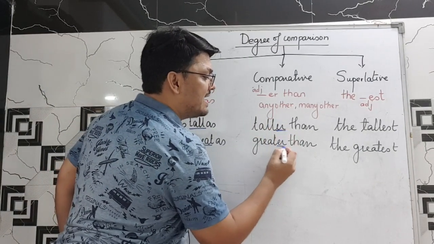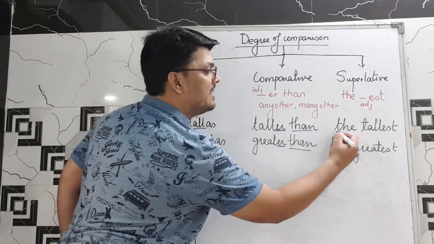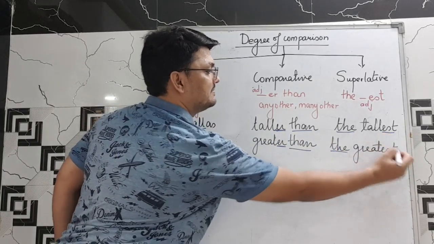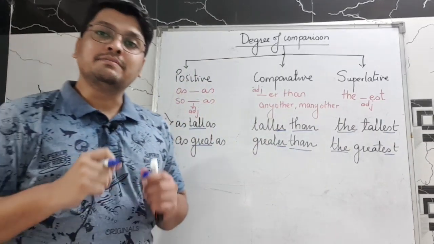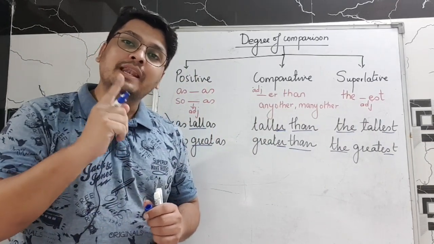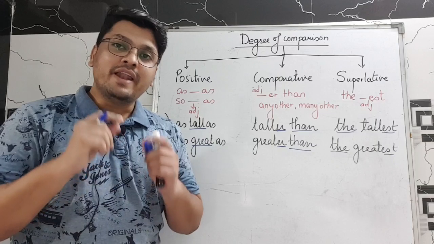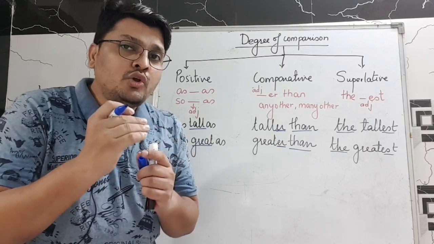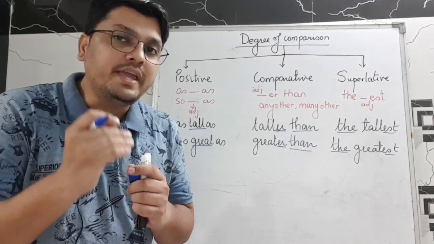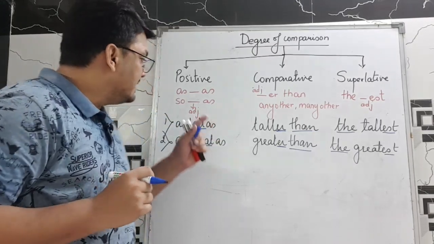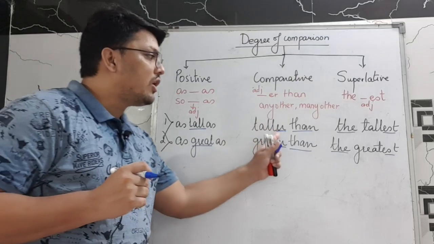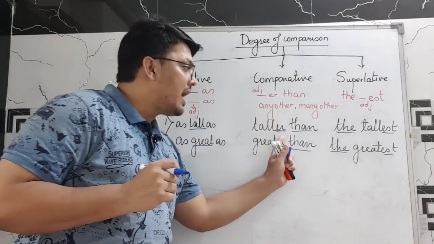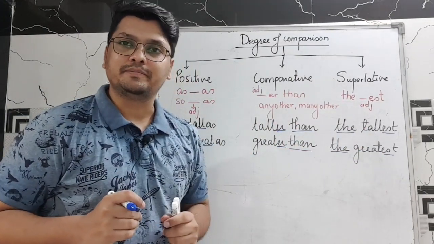You can see I added er then, and here the est. Students, this is my one syllable adjective. Whenever you come across a one syllable adjective, the other two degrees will turn into er and est. So you can see here how tall became taller and how taller became tallest.